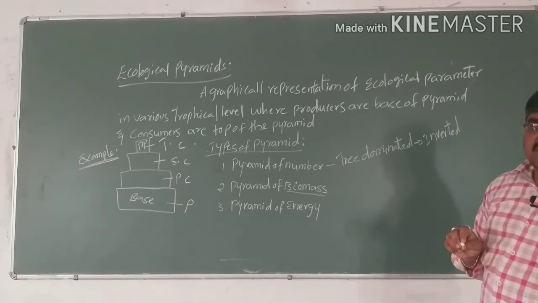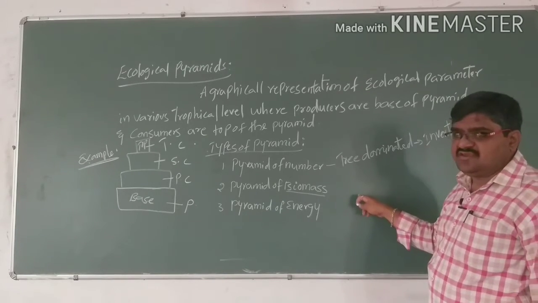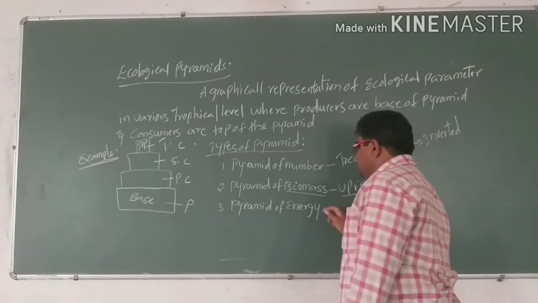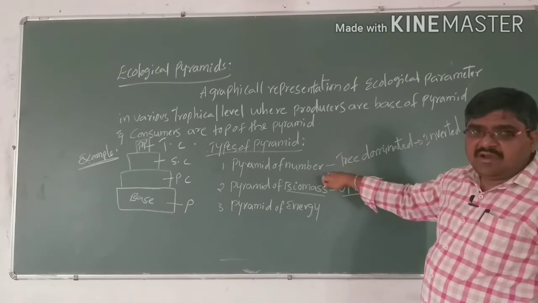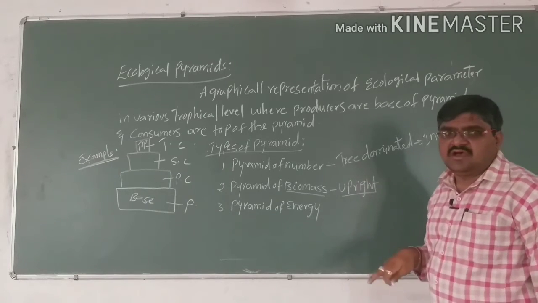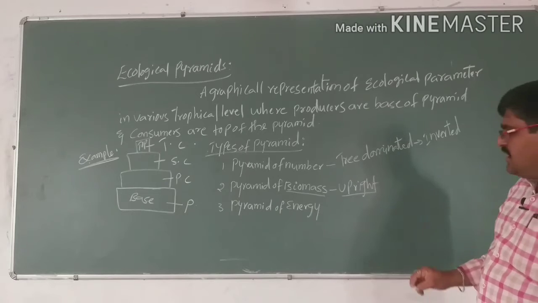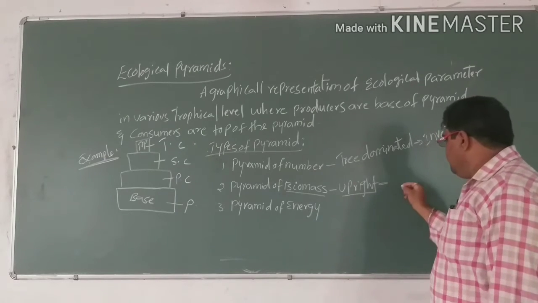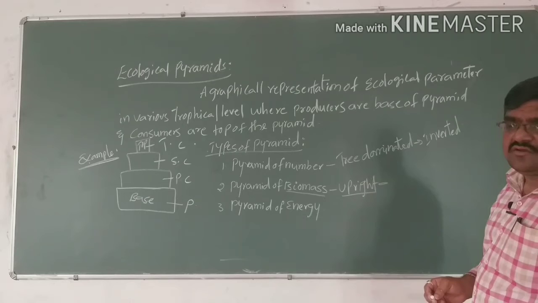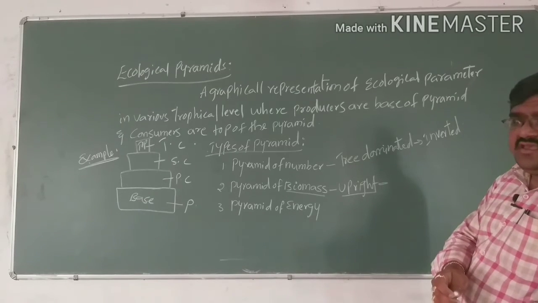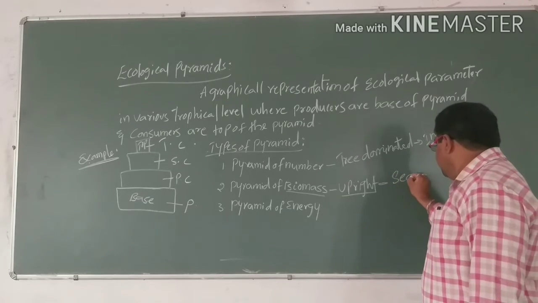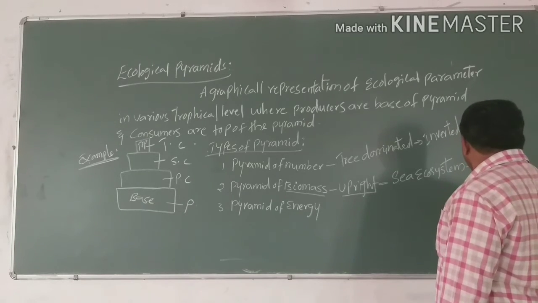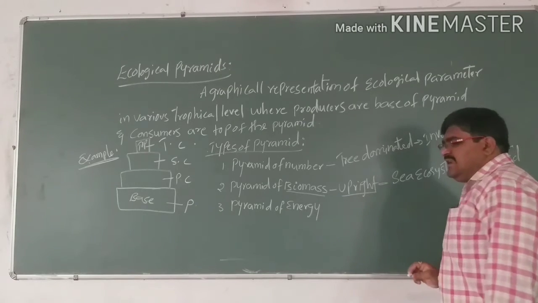In all of these it is upright. The pyramid of number is always upright, but in a tree dominated ecosystem it is inverted. And the pyramid of biomass is always upright, but it is inverted in oceans, that is, in a sea ecosystem.